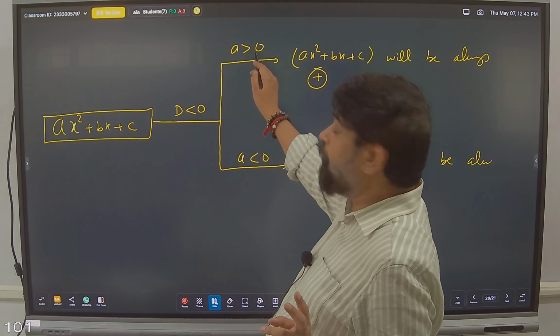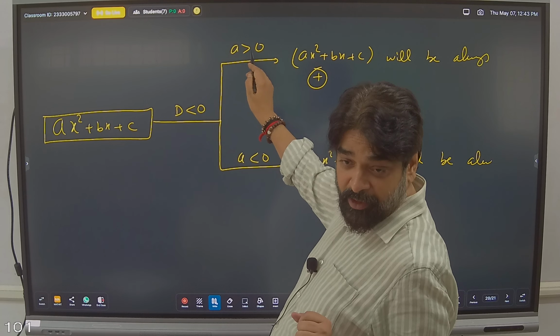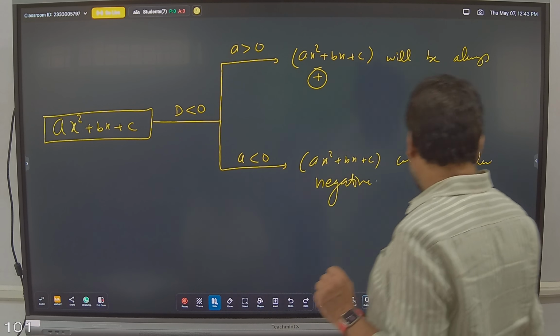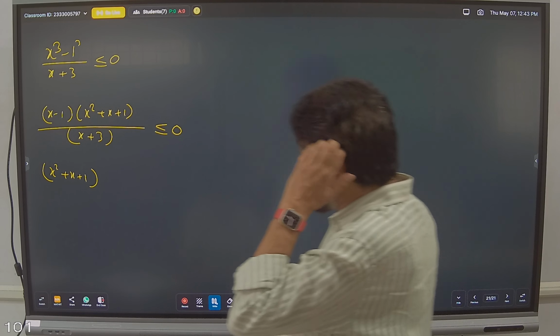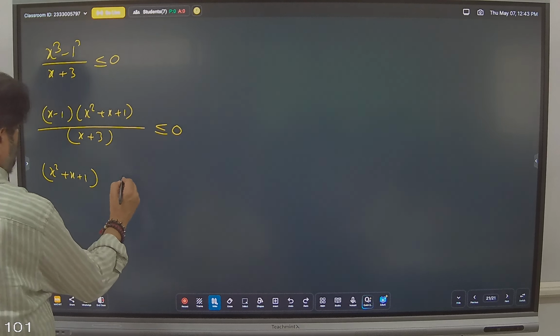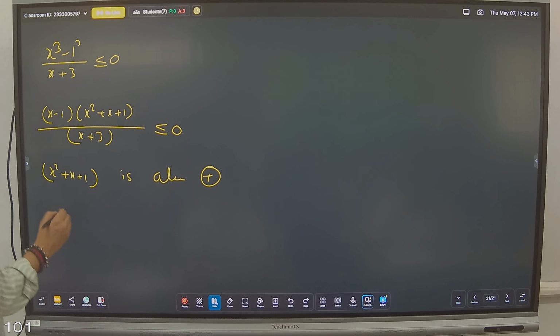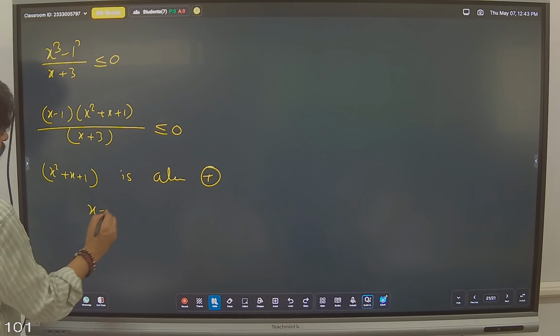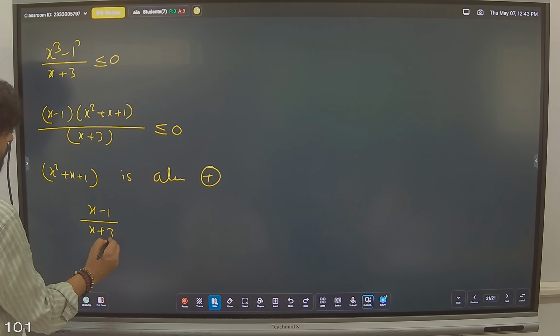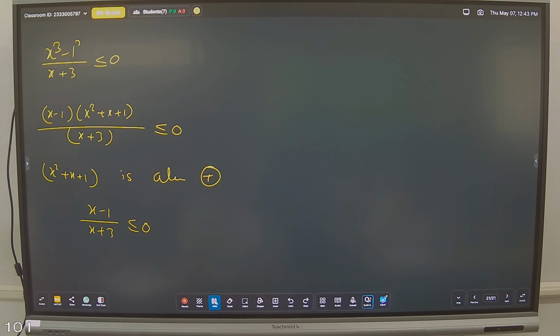D less than 0 and a greater than 0. It means it's always positive, so this can be thrown to the other side. So we'll get x minus 1 by x plus 3 less than or equal to 0. Have you understood?